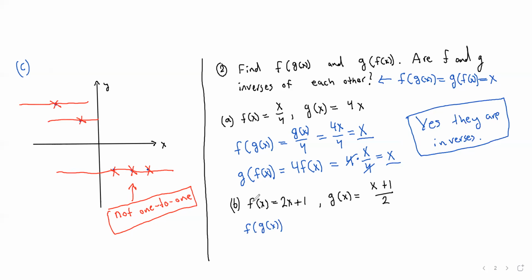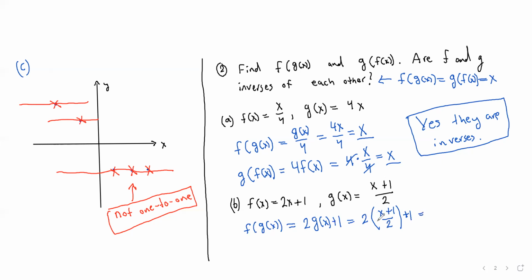We go to the equation for f and replace every occurrence of x with g. So this becomes 2 g of x plus 1. Now we replace g with its formula, which is (x plus 1) over 2. So that's 2 times (x plus 1) over 2, plus 1.